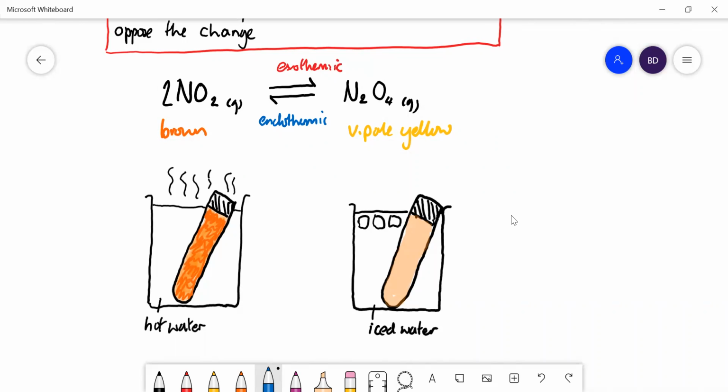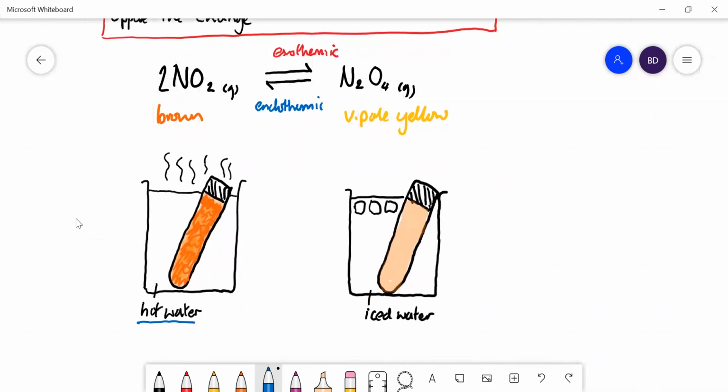You take one of the tubes and put it into hot water. You'll notice that it goes darker brown. If you put the other one in cold water with some ice in it, it goes much paler brown.